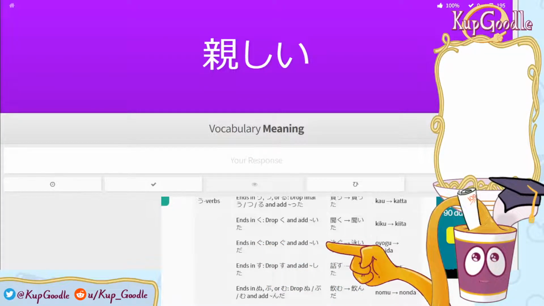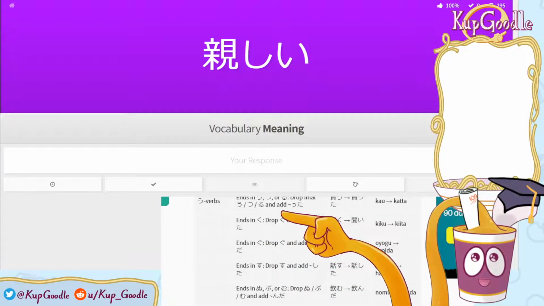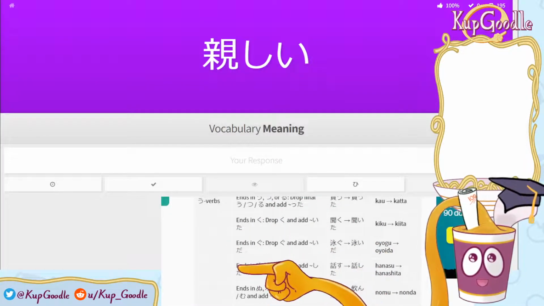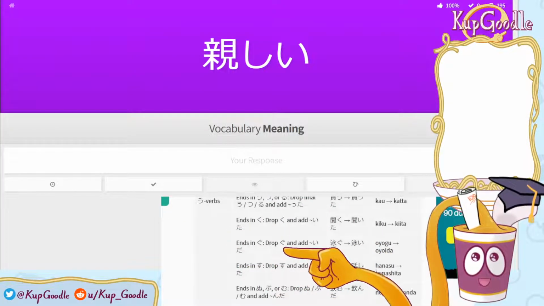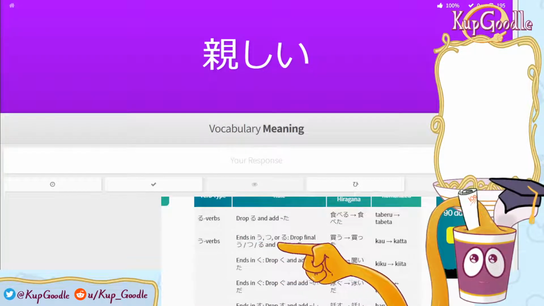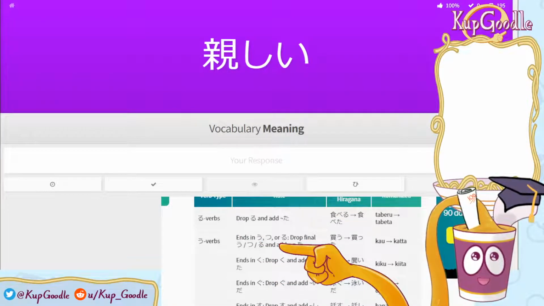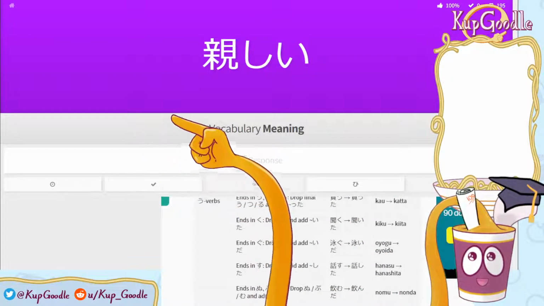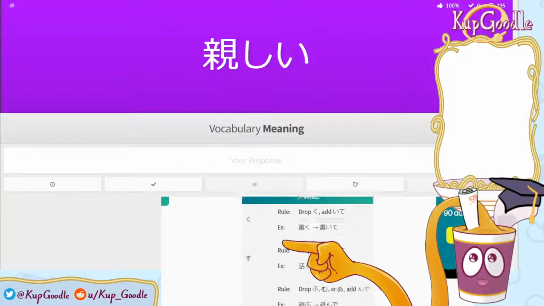Gu changes to ida. Su ends in shita instead of shite. Mubunu goes to nda instead of nde, and utsuru goes to ta, a hard ta. That is the exact same set of changes that exist in the te form.